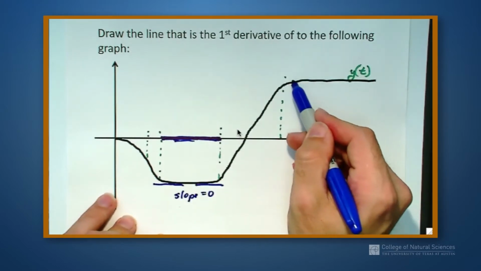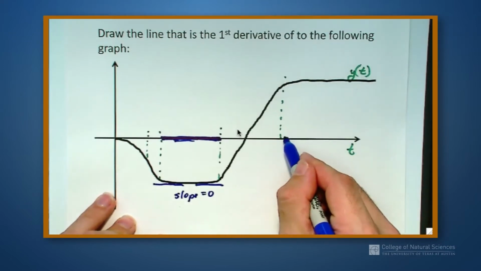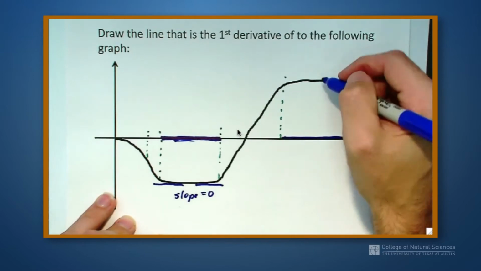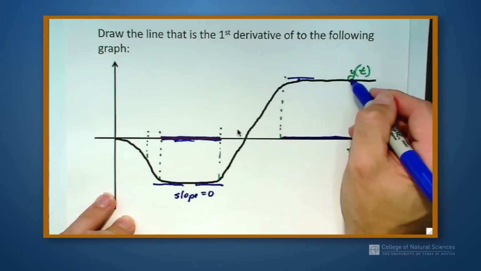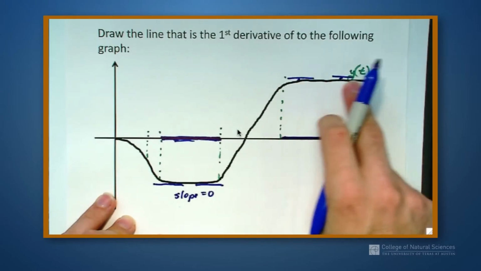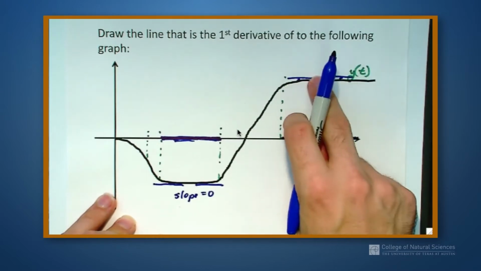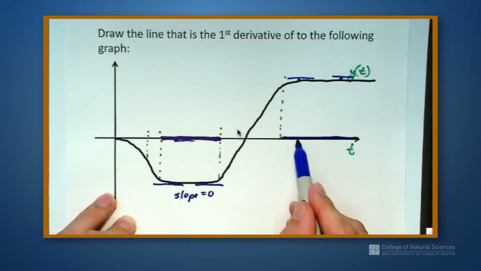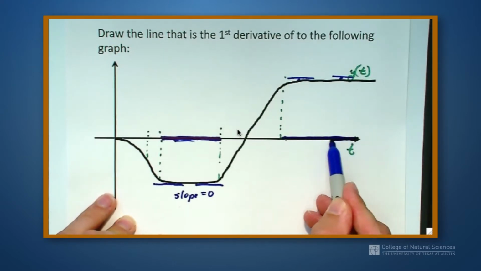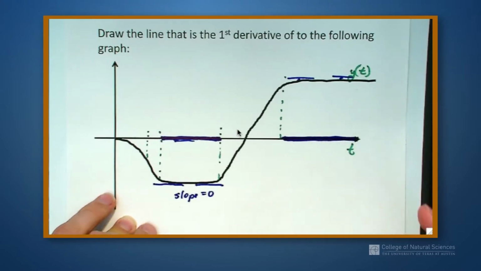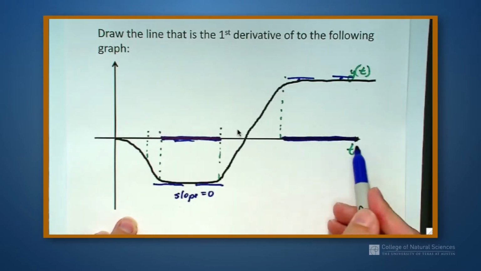I can jump over this region over here, and I'll see that I get the same slope equals 0. All my lines over here are all flat. The position is not moving. It's not getting larger. It's not getting smaller. So there is no slope for this point in the line. So the slope is 0. And when we draw the derivative, we're drawing the value of the slope, 0 there.